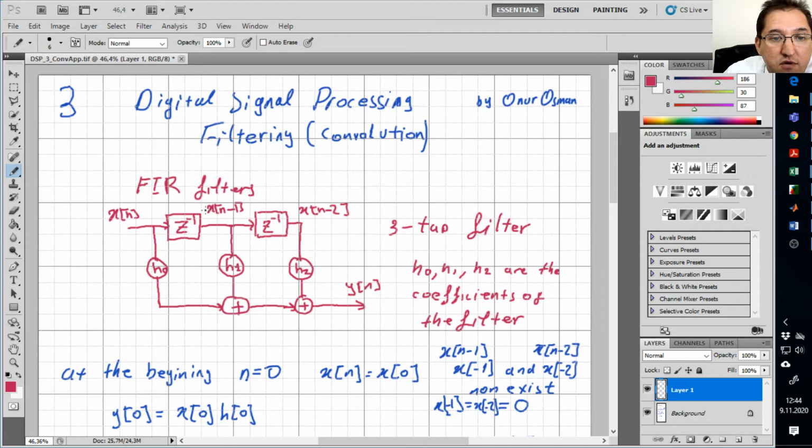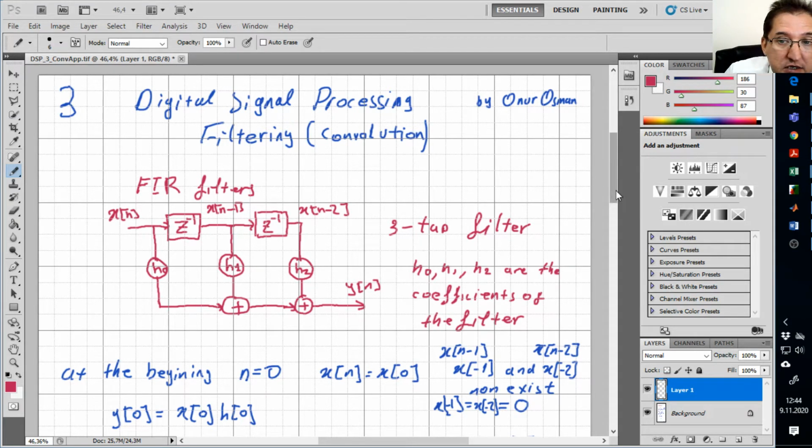This is xn minus 1, this is xn minus 2, and the output yn is xn times h0 plus xn minus 1 times h1 plus xn minus 2 times h2.